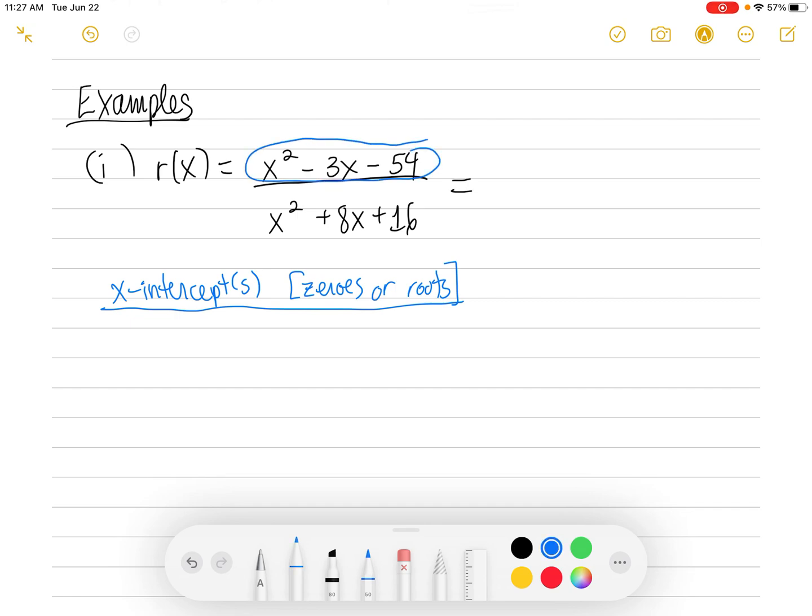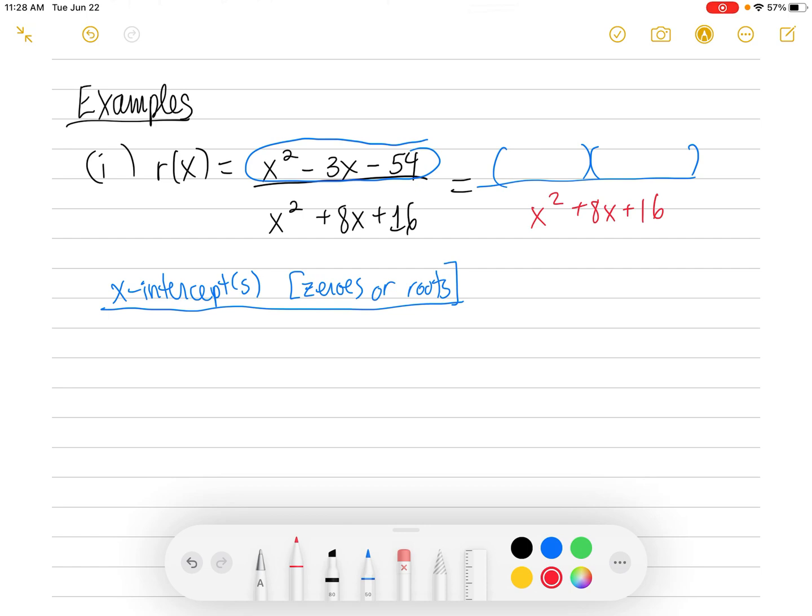All means the same thing. So all you do, you focus on your top here. Factor your top. We'll just leave the bottom alone. We're not going to factor the bottom here because we're not focusing on factoring the bottom right now.